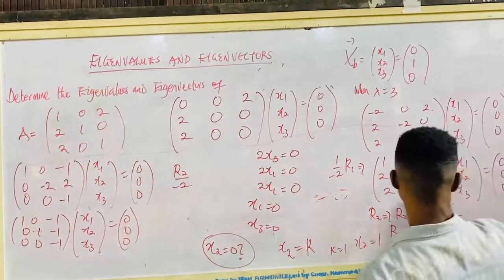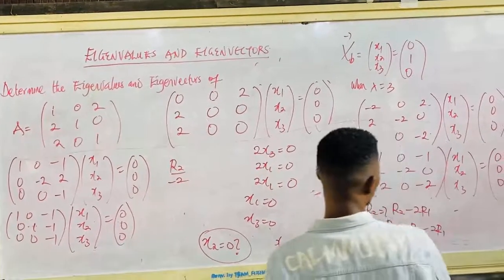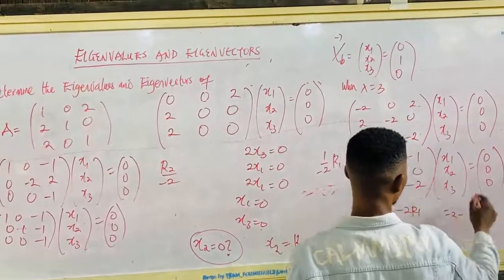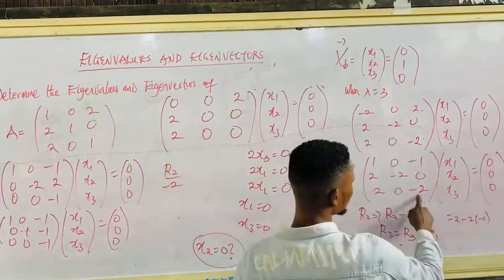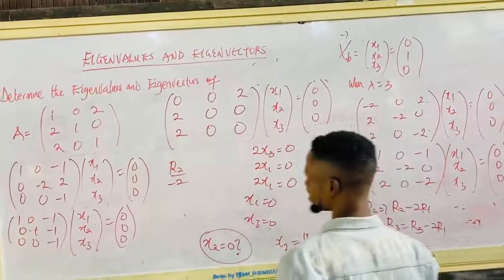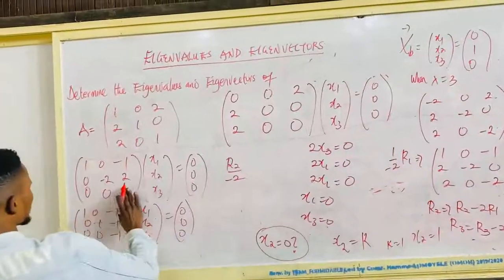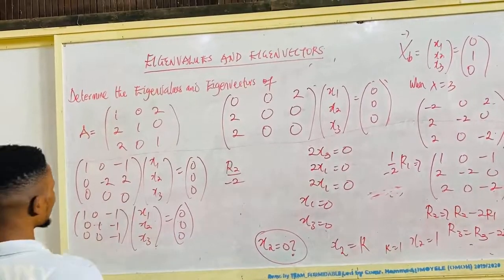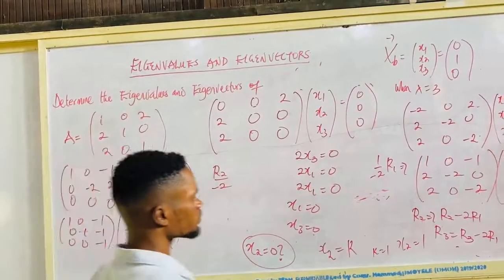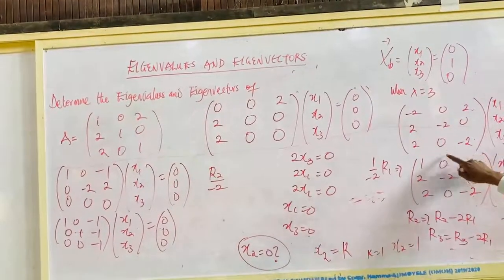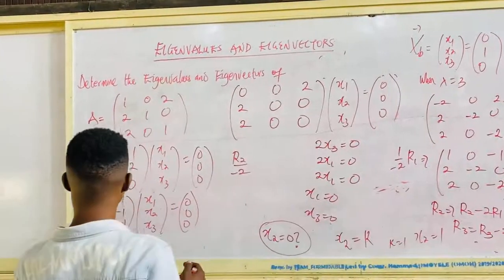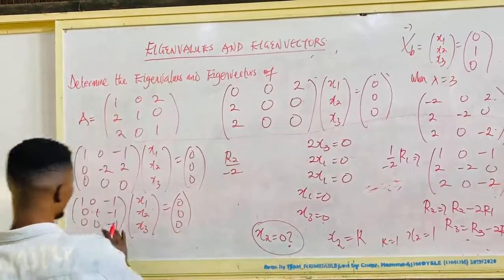So it is minus 2, not minus 3. So R3 minus 2R1: minus 2 minus 2 times minus 1, that's minus 2 plus 2, that's 0. You should get 0 there. So now this is 1, 0, minus 1, 0, 1, minus 1, and everything else should be 0.